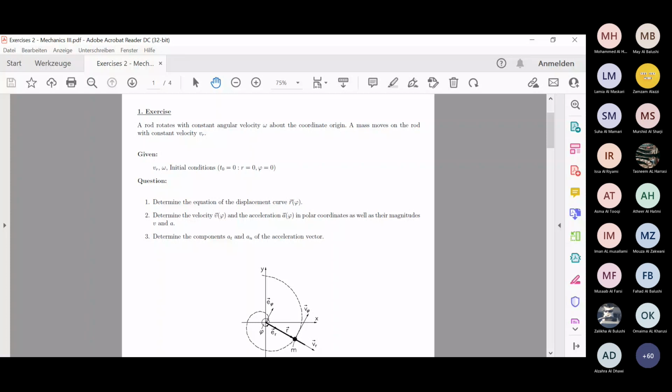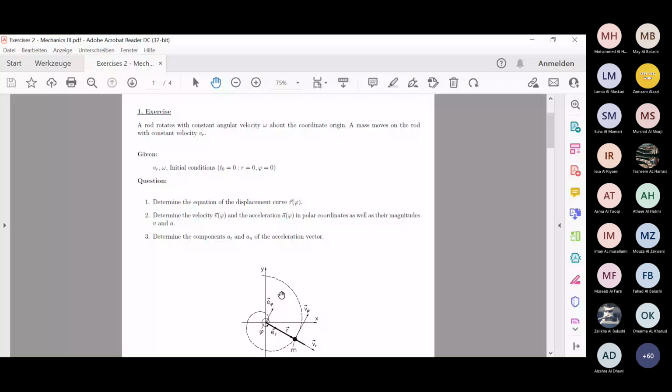That means we have here the position vector r, and instead of using the coordinate system x, y, we use the polar coordinate system, which we saw in the slide on part 1.